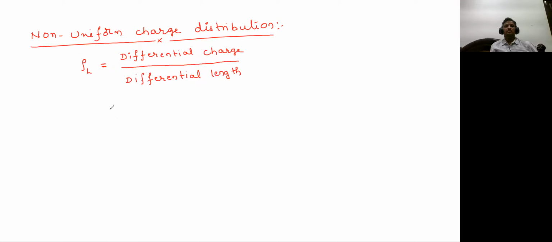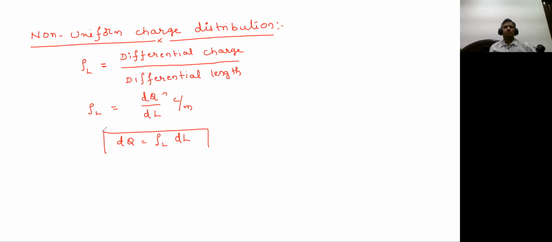This will be written as rho L equal to dq by dl. The unit is coulomb per meter. Now if you want the total charge, you will have to get it from this: dq is equal to rho L into dl.